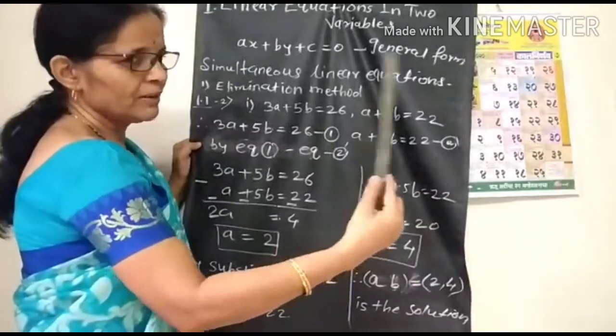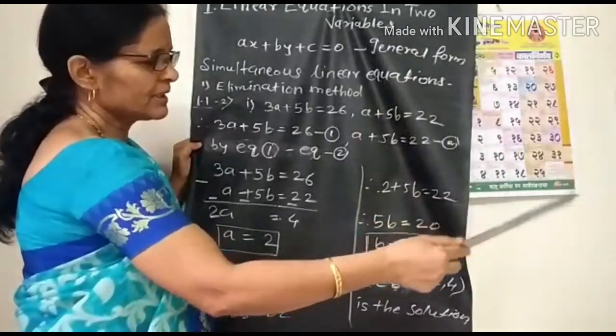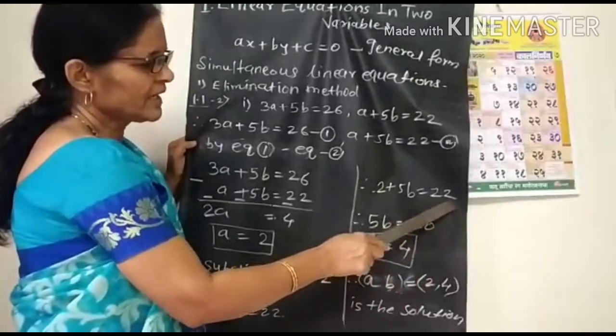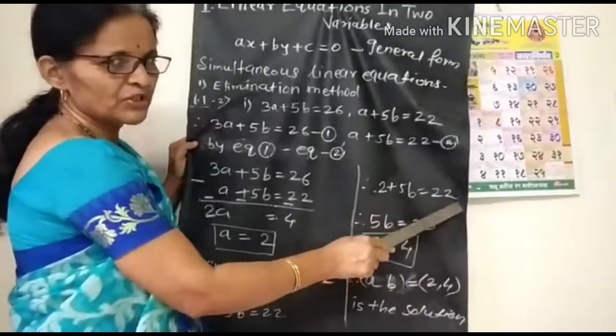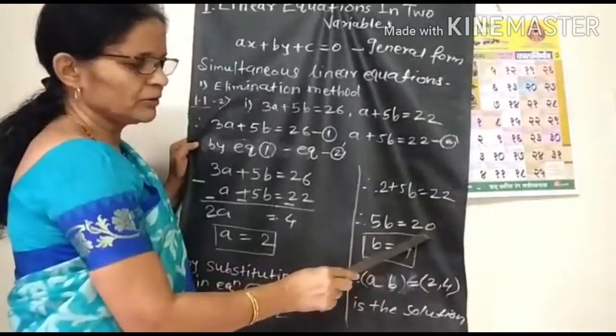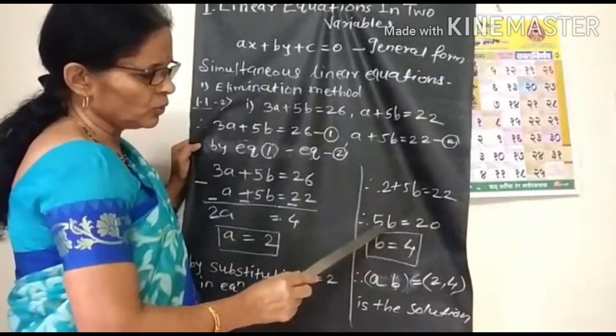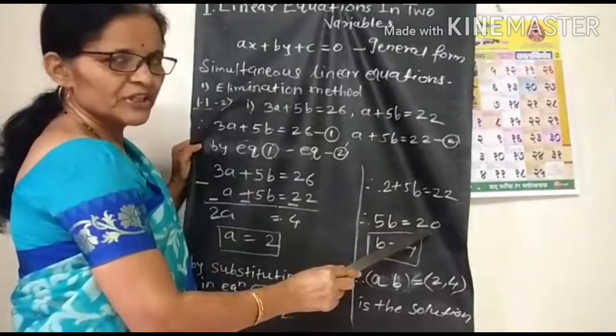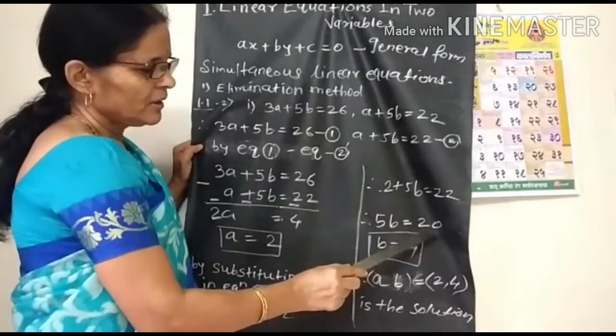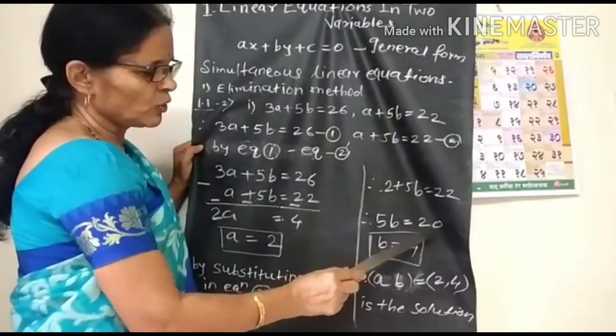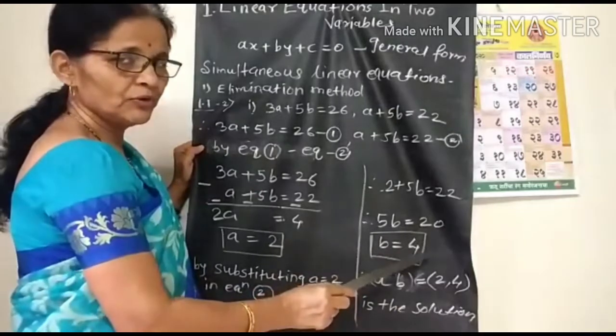So after going to the other side, plus 2 becomes minus 2. 22 minus 2 equal to 20. 5b equal to 20. Therefore b equal to 20 divided by 5. 5 fours are 20. So b equal to 4.